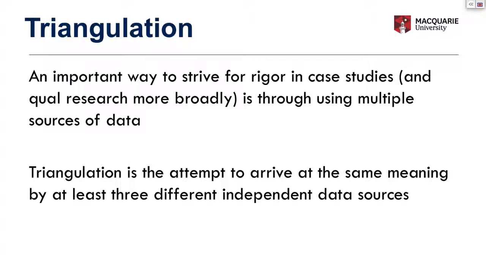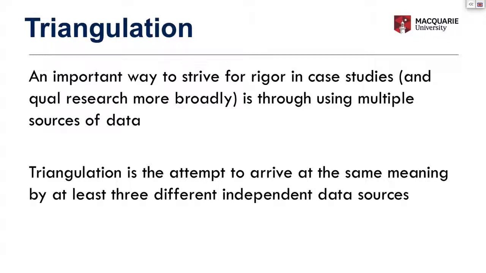One of the important concepts in qualitative research, again more broadly, but also in case study, is the concept of triangulation. It's important to strive for understanding from different angles and perspectives, and therefore triangulation is an important concept and way to strive for rigor in case study and also in other qualitative methods.